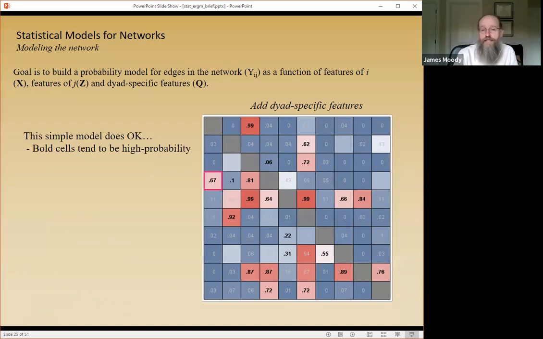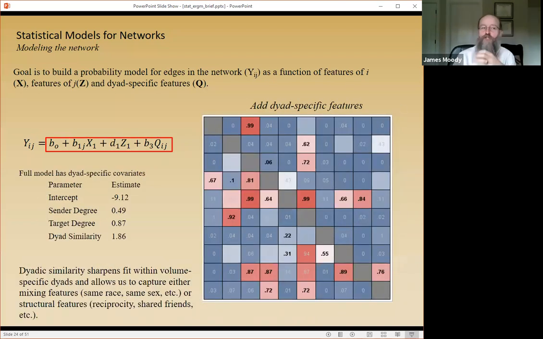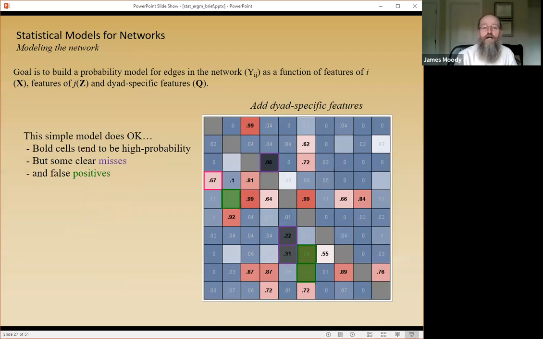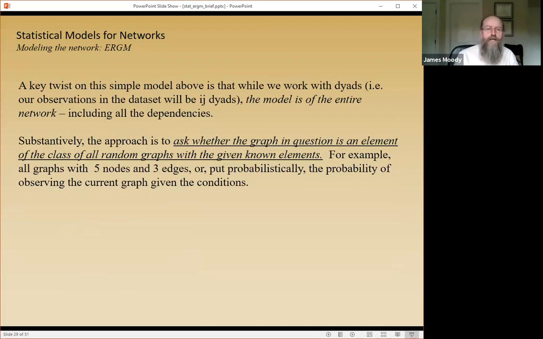Okay, and so the nice thing about this kind of modeling framework is intuitively, that's what all of our models are going to do when we're trying to explain the graph. We're going to have some features that have to do with columns, some features that have to do with rows, and some features that have to do with joint probabilities of rows and columns. The trick comes in specifying what those things are and figuring out whether or not your model fits.